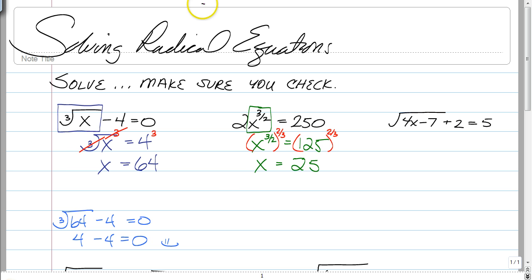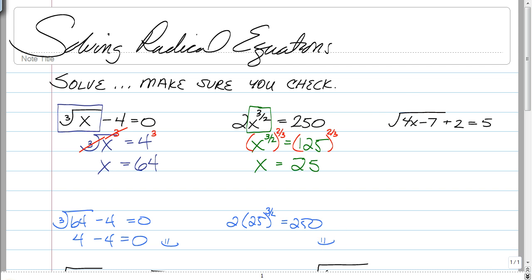So we're going to have 2 times 25 to the 3/2 power is equal to 250. You can just use your calculator: 2 times, and then type 25 raised to the 3/2 power. It's going to tell you 250, and you're good to go. So it is a solution.